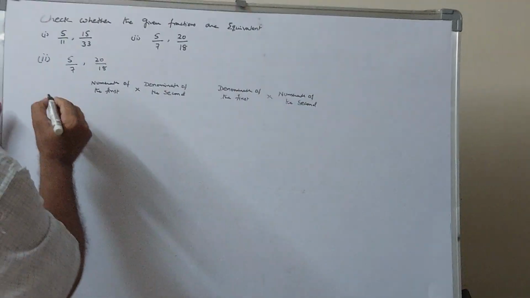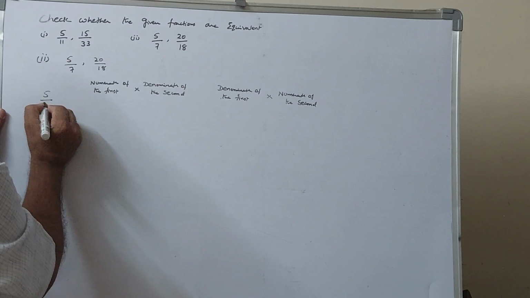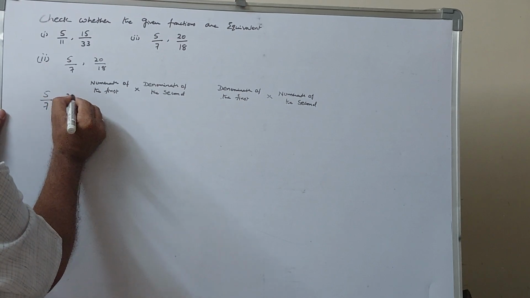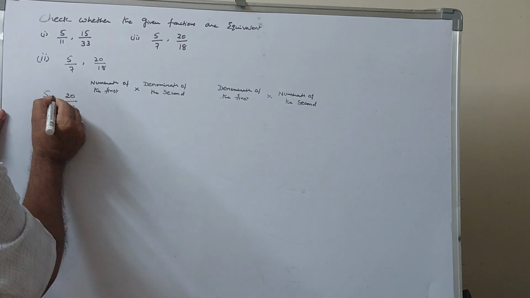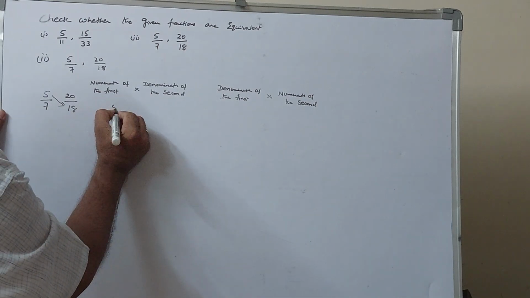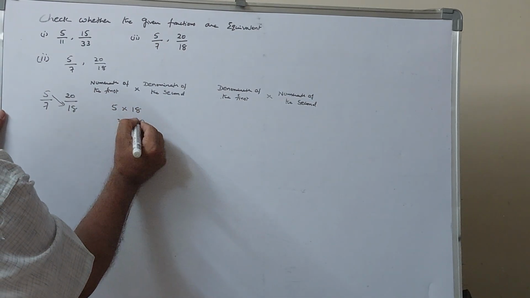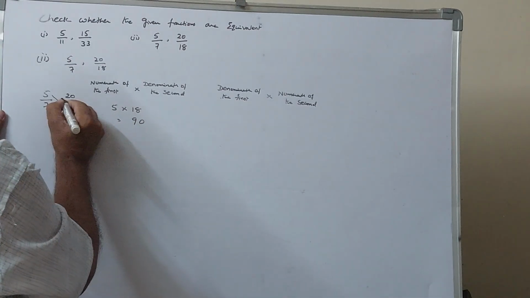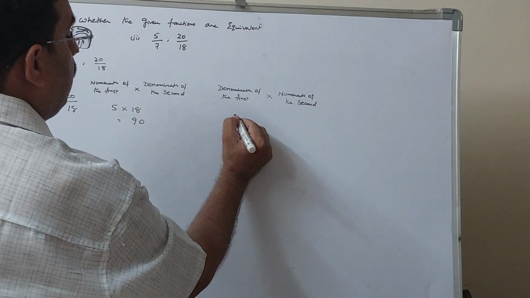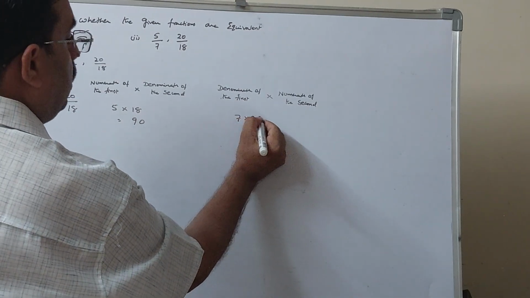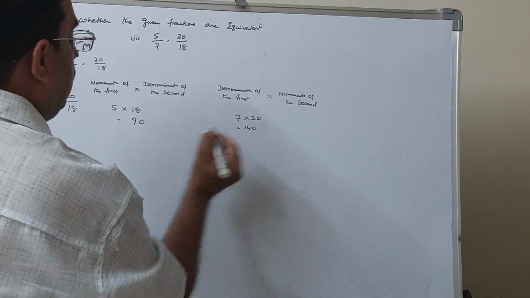So here, 5 by 7 and 20 by 18. These two mean 5 into 18 is equal to 90. These two mean 7 into 20 is equal to 140.